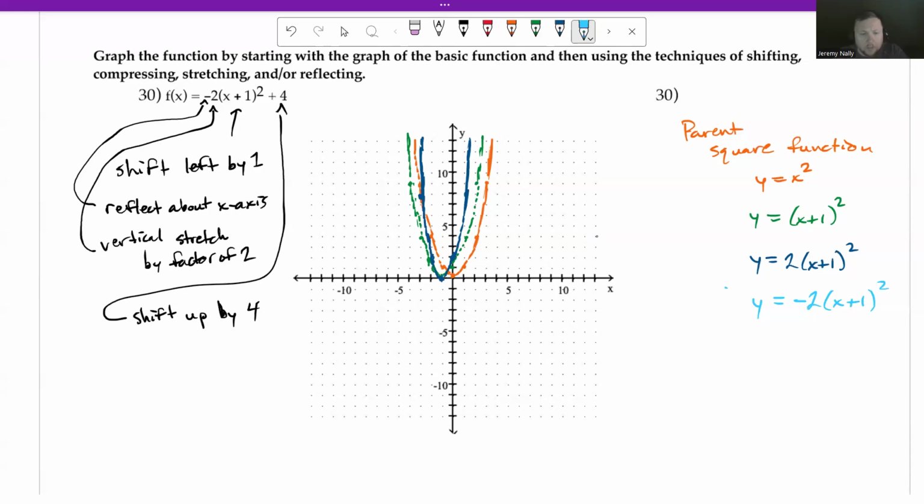So that stays put. And then -2, -2, 5, 6, 8.